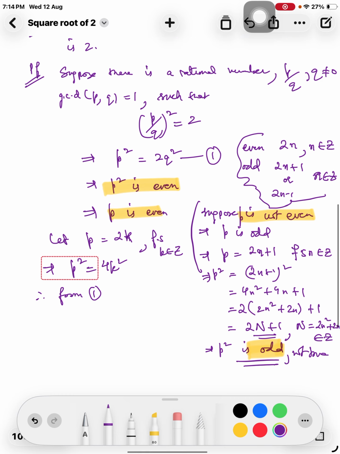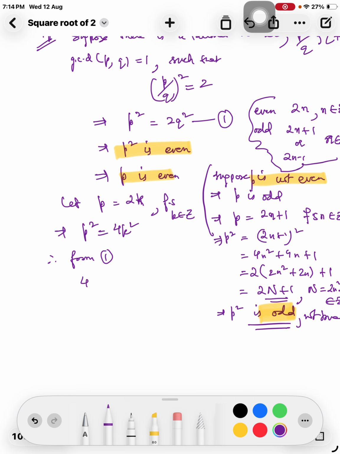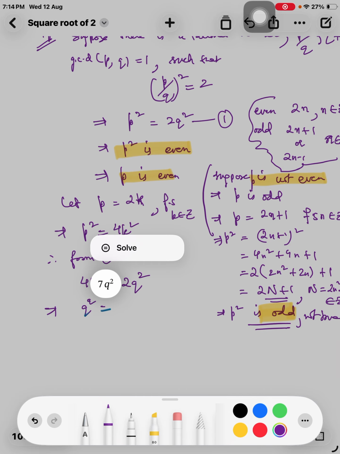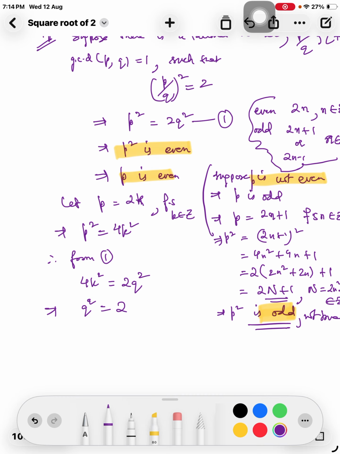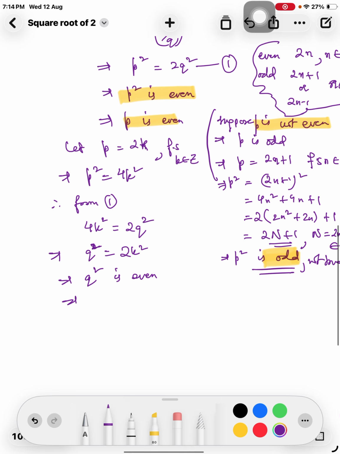You get 4k square is equal to 2q square, which implies q square is equal to 2k square, and this again gives us that q square is even. And like we proved that if p square is even, then p is even, here also, if q square is even, then q must be even, right?